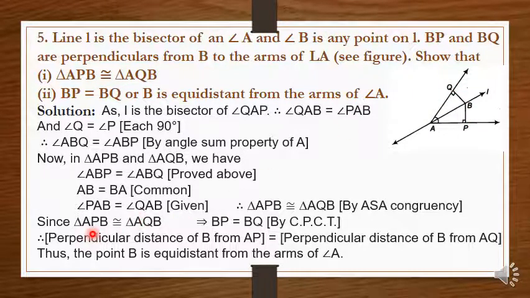Or from the name also we can find out: AP, the first two, is equal to AQ, the first two, and PB, the second two, is equal to QB, the second two. So we get BP equals BQ by CPCT. Therefore, the perpendicular distance of B from AP is equal to the perpendicular distance of B from AQ. Thus, the point B is equidistant from the arms of angle A.